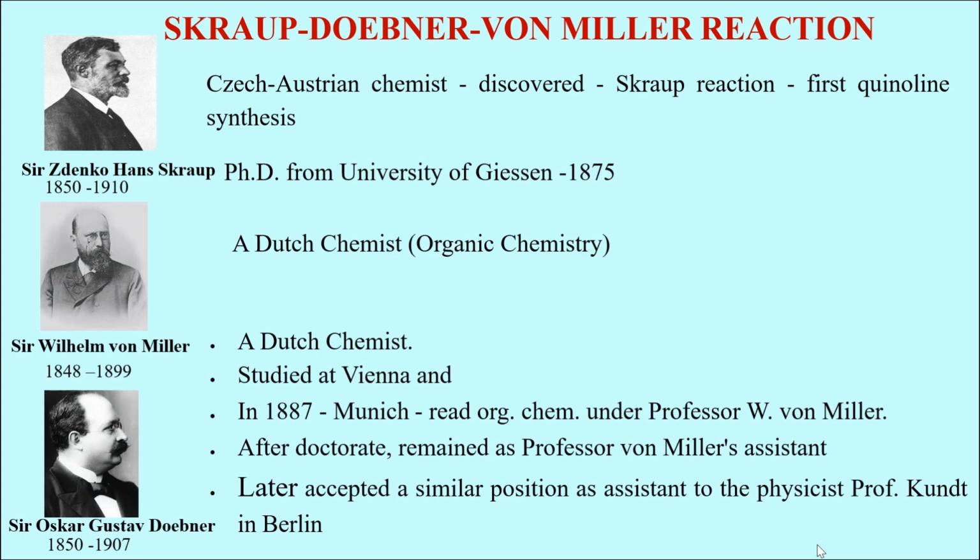Later, in the year 1887, he moved to Munich to read organic chemistry under Professor von Miller. After his doctorate, he continued as an assistant to von Miller. Later on, he accepted a similar position with physicist Professor Kuhn in Berlin.